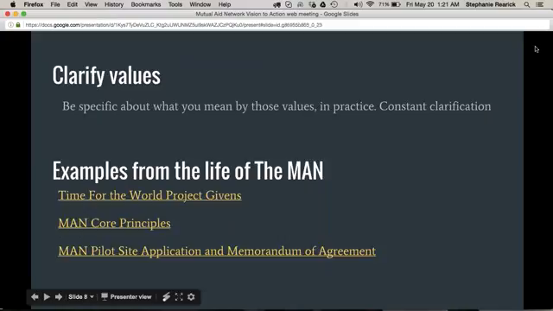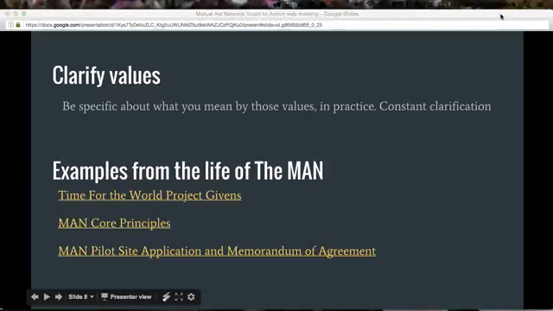So one of the really important pieces in establishing your vision is the very beginning of a process of beginning a project. A lot of times it starts with one person, or it starts with a couple of people who have a conversation and decide to do something about it. One of the things that I think is really important at the beginning is to clarify the values that you share.